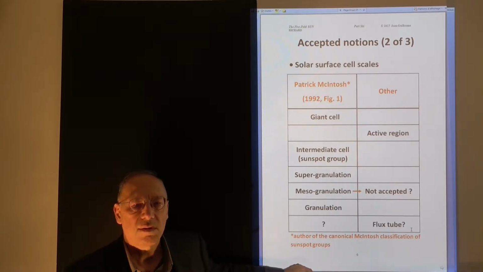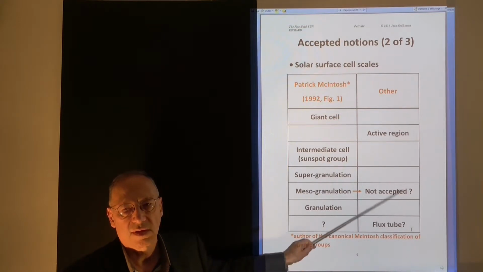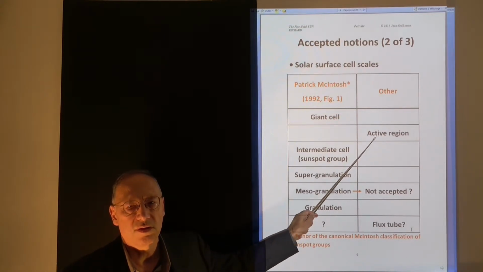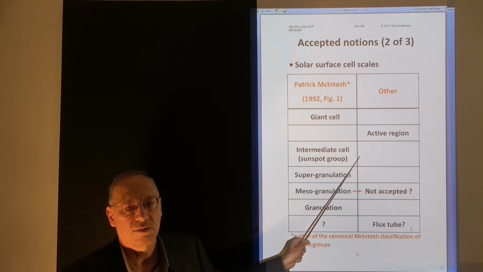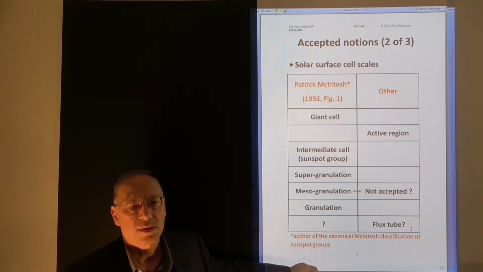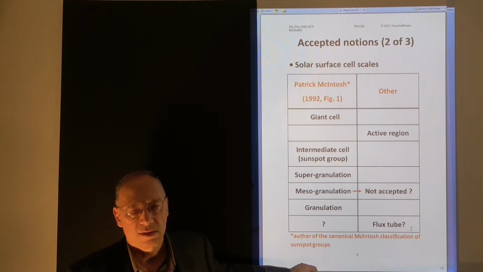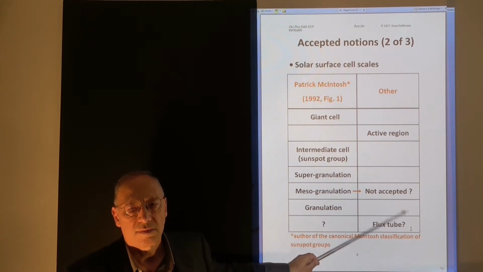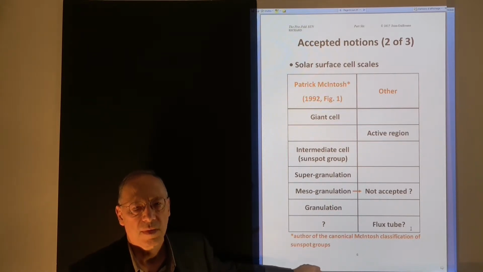But there may be other concepts for surface cells at the photospheric surface. Perhaps active regions can compete with sunspot groups. If sunspot groups are a cell scale, why not an active region? And if sunspots or groups of sunspots are cells, why not a flux tube? So the hierarchy of cell sizes is not fully defined and is still partly open.